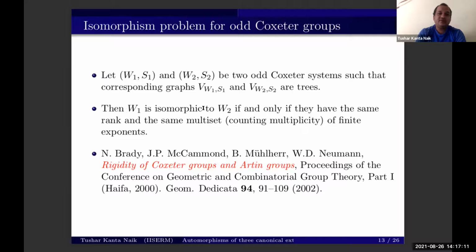In that case, W1 is isomorphic to W2 if and only if both Coxeter systems have the same rank, if the commutativity of both generating sets is the same, and the multiplicity of the finite exponents is the same. If this happens, then W1 is isomorphic to W2. And this is from this paper, and this paper contains a lot of other results for the isomorphism problem. So let's see what we get from this isomorphism problem.